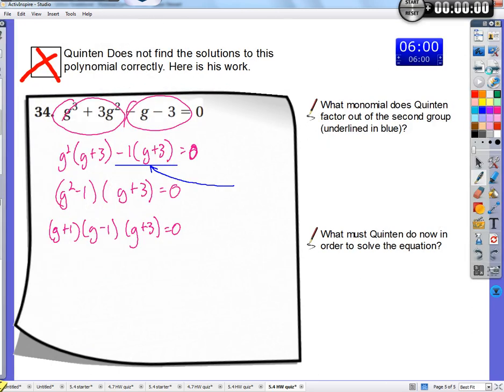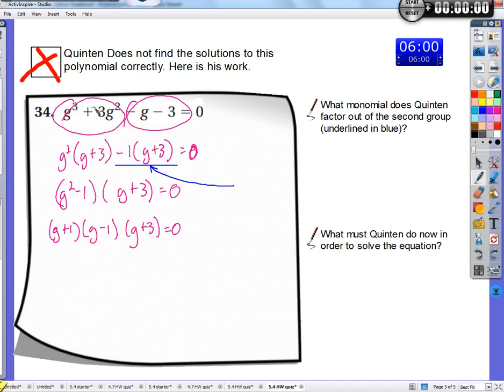Quentin does not find the solutions to the polynomial correctly. Yours is correct. So again, it's factoring by grouping. In the second group, what common monomial does he factor out? A factor of -1.